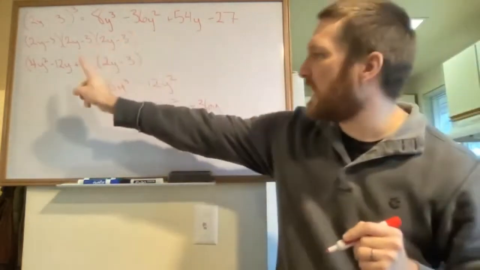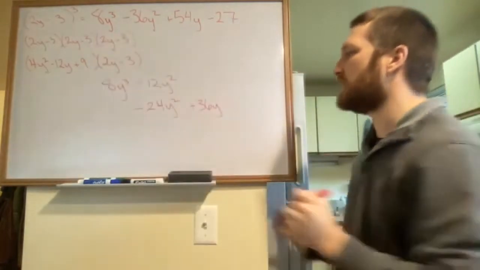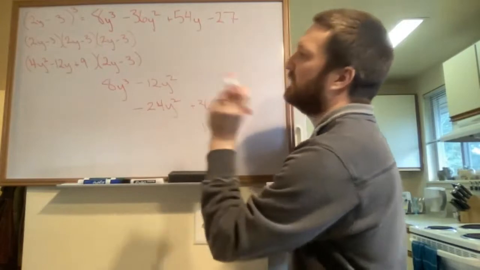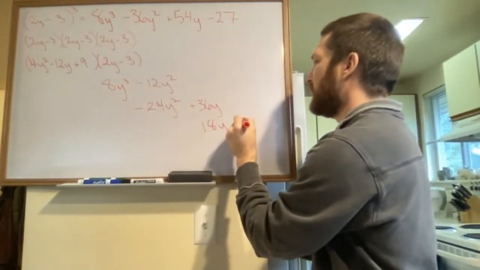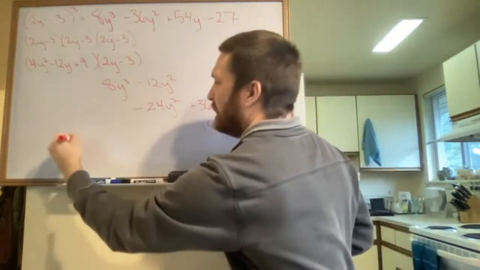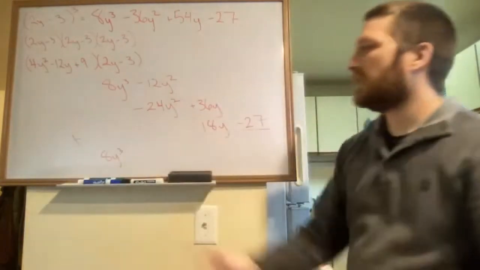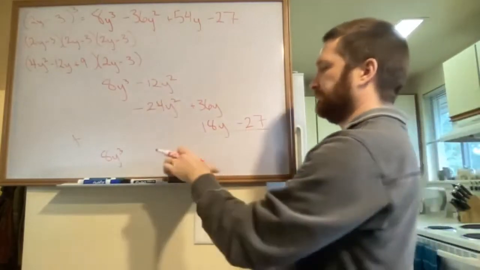So now let's do the last one. 9 times 2y gives me 18y. And then finally 9 and negative 3. Minus 27. All right. So I'm going to add them all up. 8y cubed is 8y cubed. Minus 24 minus 12 gives me a what?